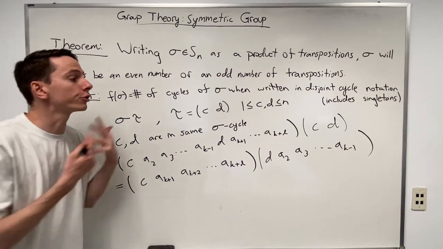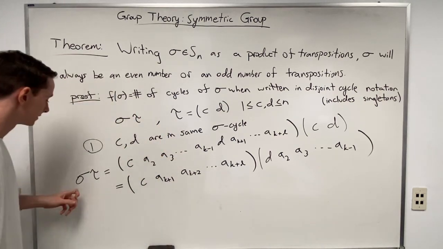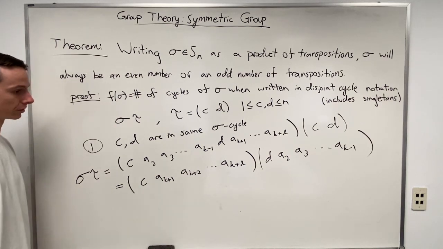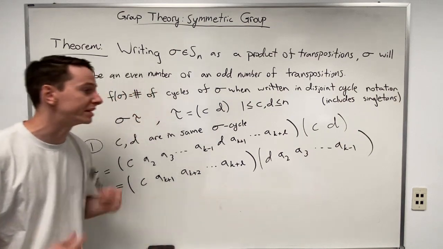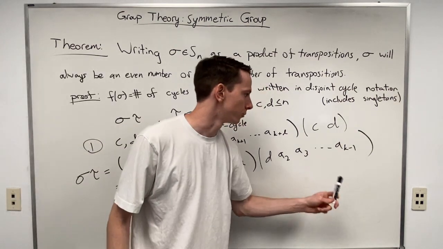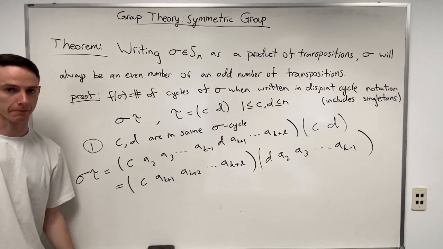The reason we are going from the first line to the second line is to write sigma tau in disjoint cycle notation. And notice that we've done that. All of the numbers in here are now different than all of the numbers in here, which are going to be different than any other possible cycles contained within sigma tau.